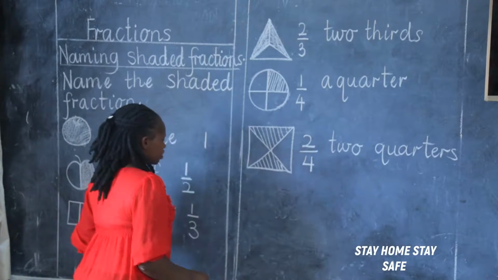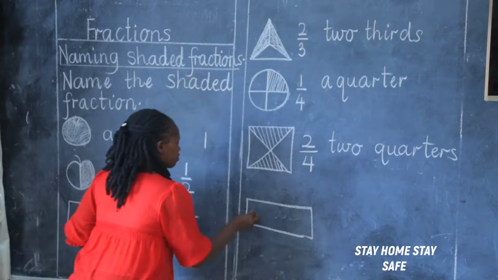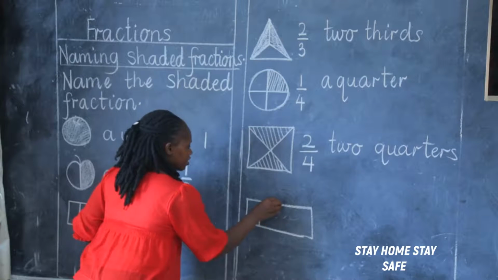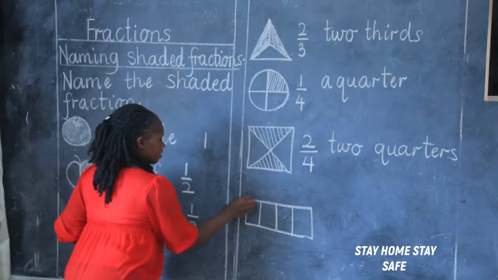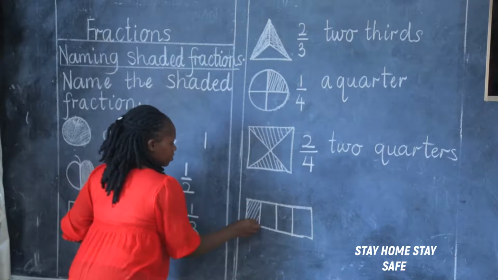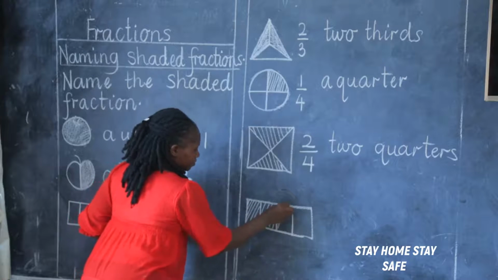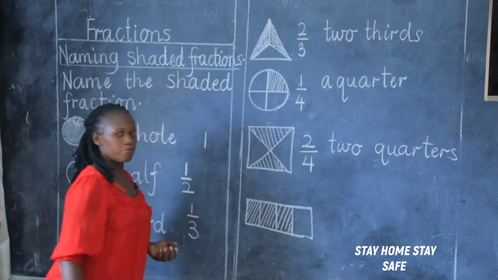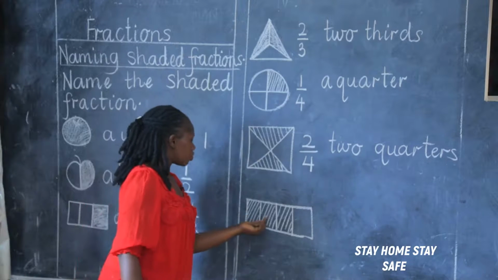How about if I shade, this is my piece of bread, getting slices, and I shade those ones now. How many parts have I shaded? You count them. 1, 2, 3.